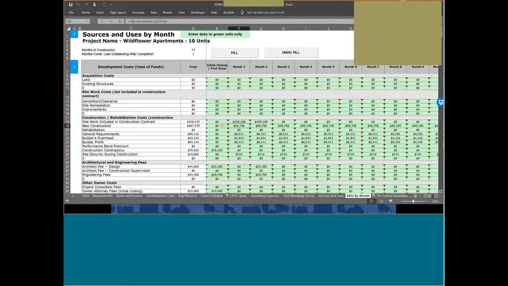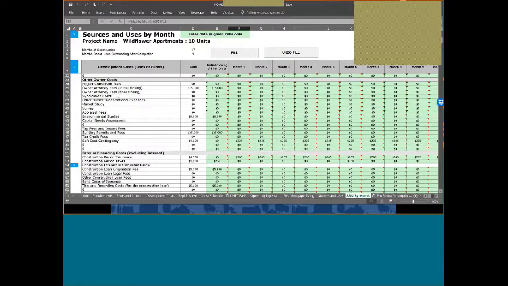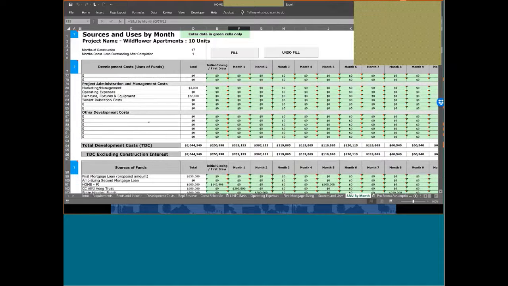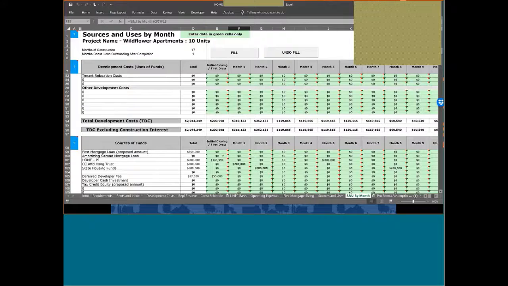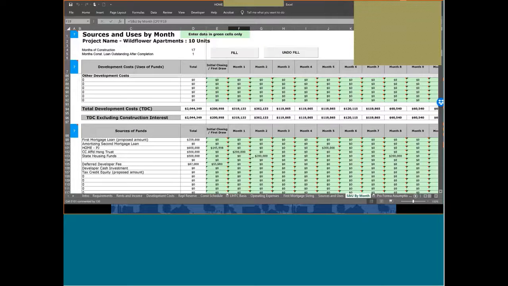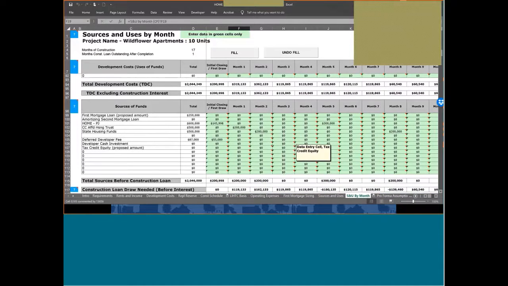That's happening on rows 8 to 92. And the corresponding timing of when various sources are going to pay in. The difference between when those sources pay in and when those uses are incurred is going to have to be paid for by the construction loan.